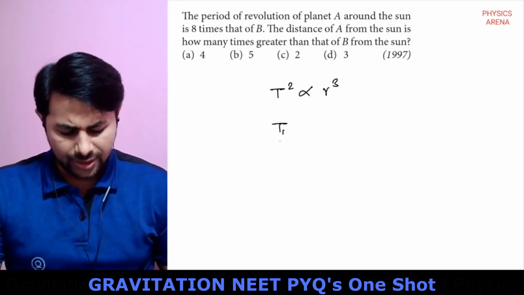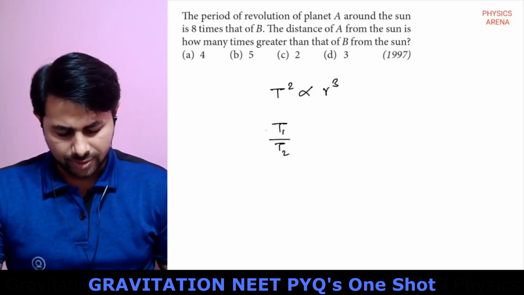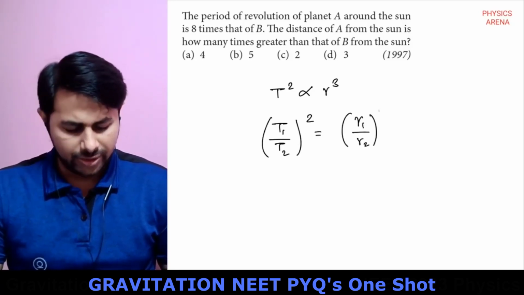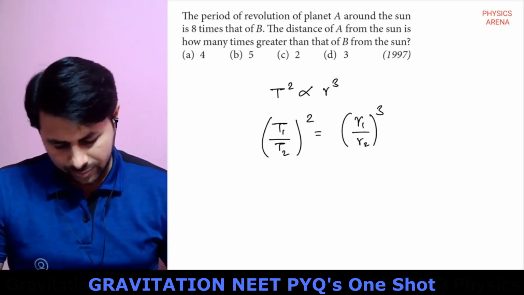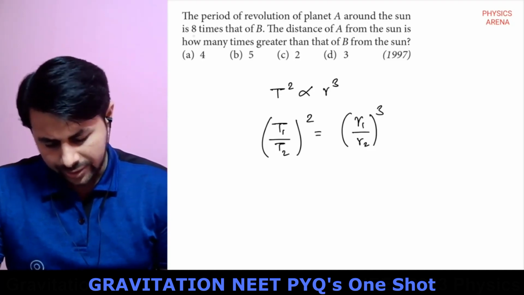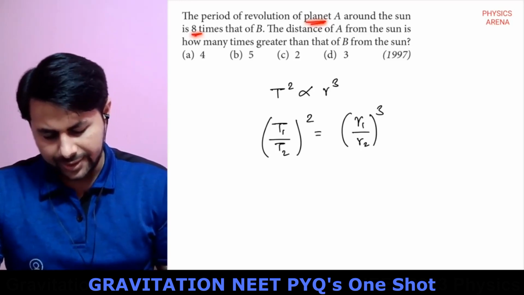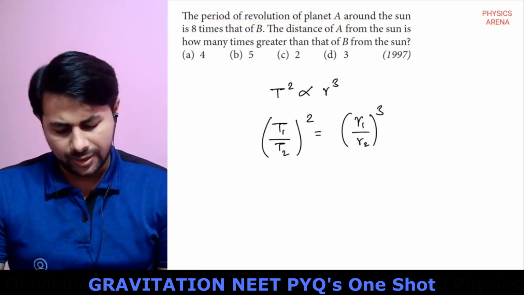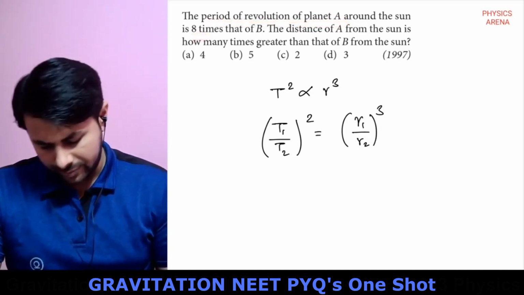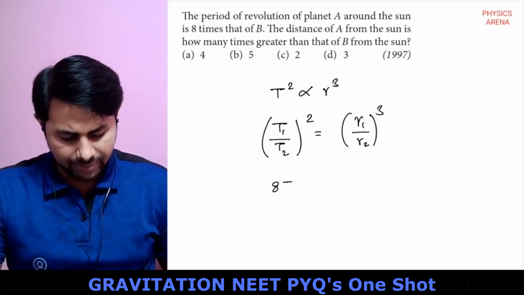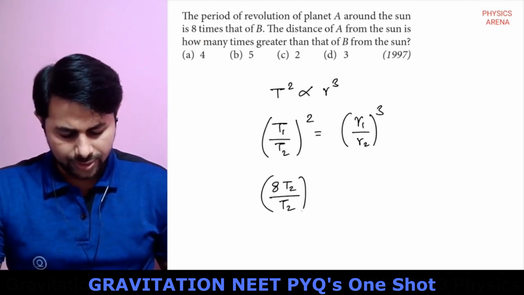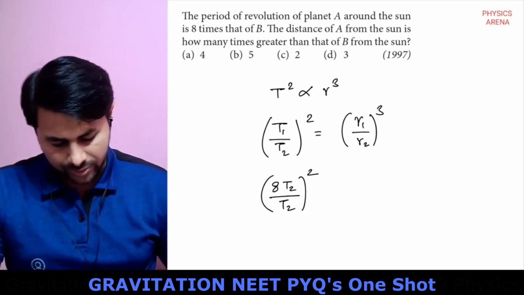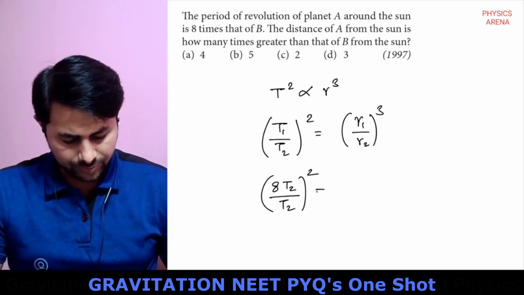So (T1 by T2) square is equal to (R1 divided by R2) cube. It's given that T1 is 8 times T2. So this is 8 times T2 upon T2 square, T2 gets cancelled, so it is 64.